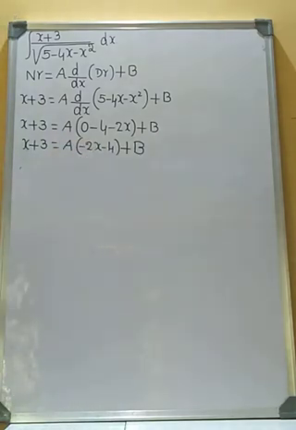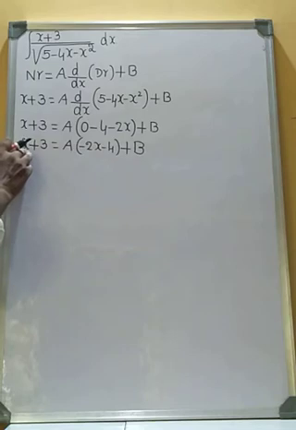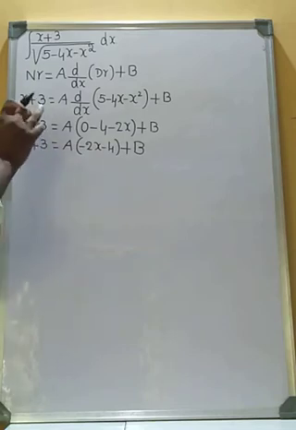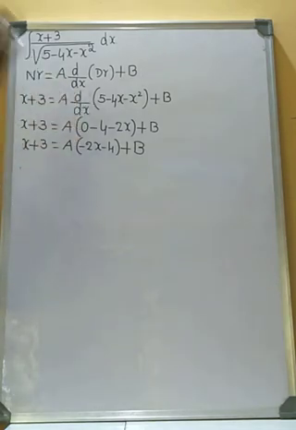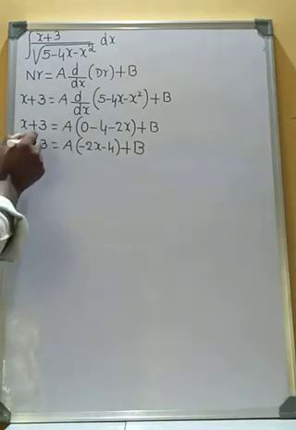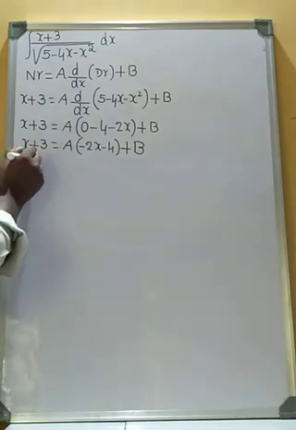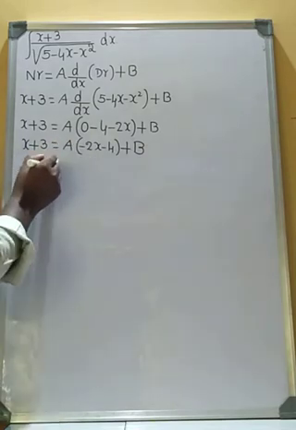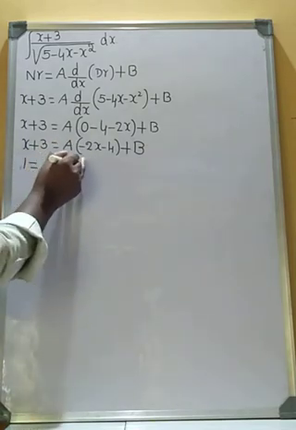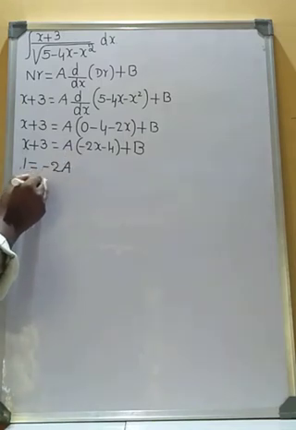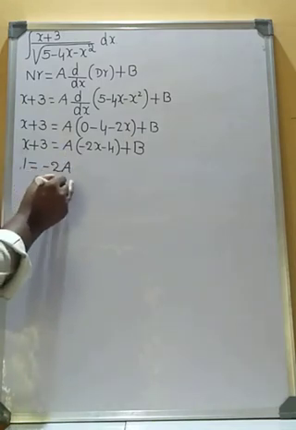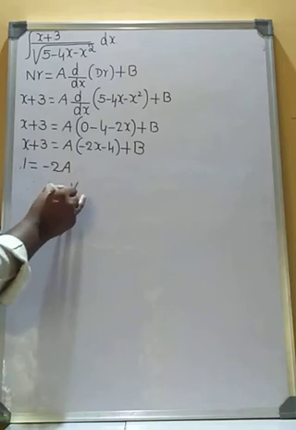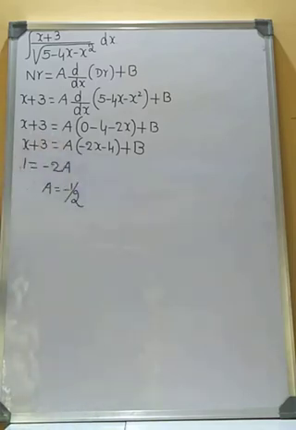Now equating the coefficients of x and the constant terms from both sides. Coefficient of x is 1 equals minus 2 into a. Therefore a equals minus 1 divided by 2.